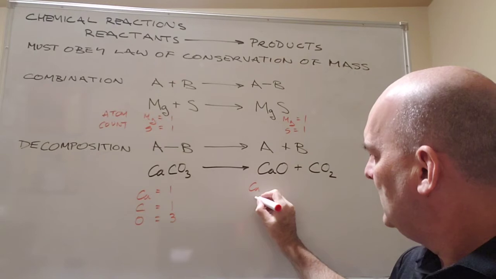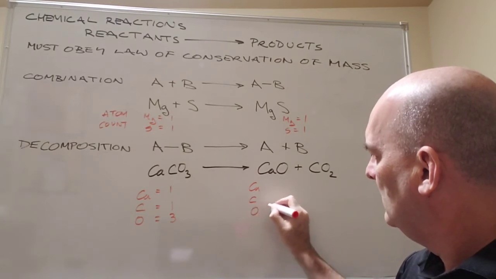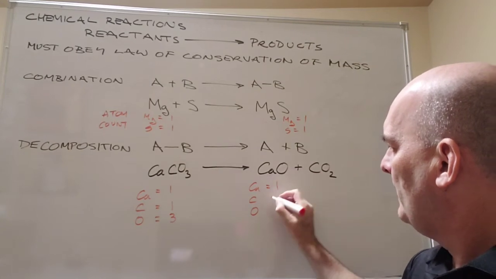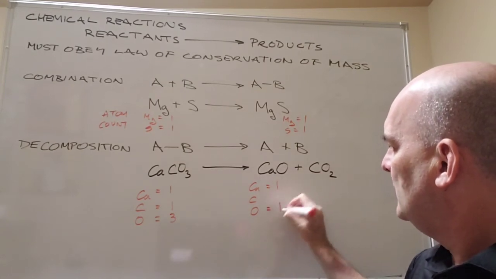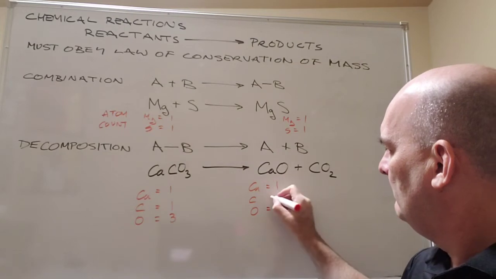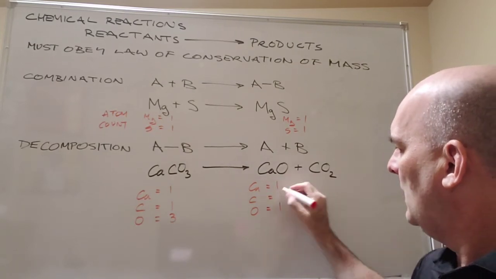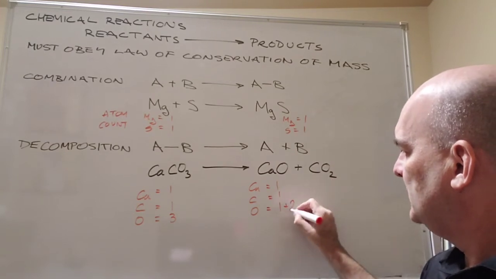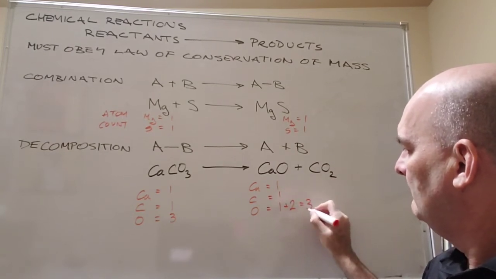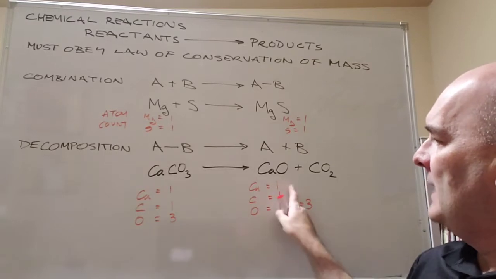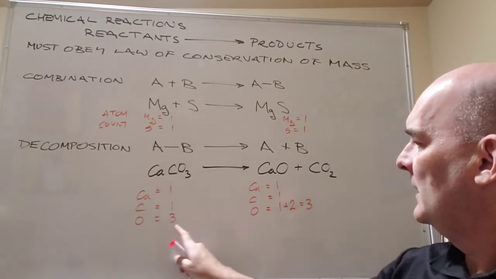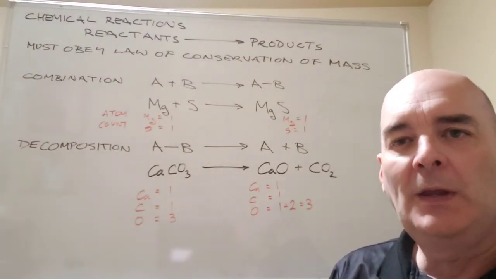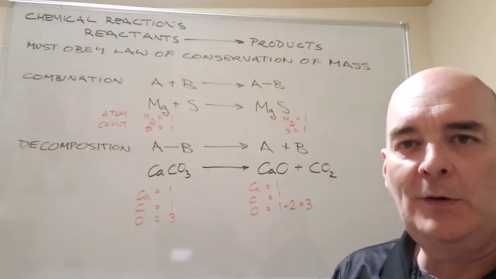And on the right hand side, there is 1 calcium here, there is 1 oxygen there, there is 1 carbon here, and then there's another 2 oxygens here. So I have 1 calcium, 1 carbon, and 3 oxygens on both sides of my equation. This is a balanced chemical equation.